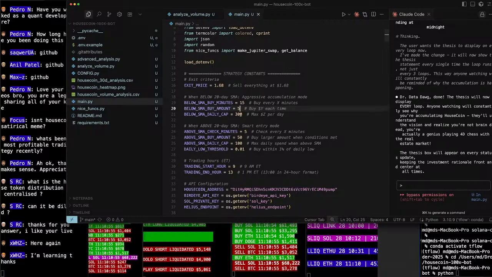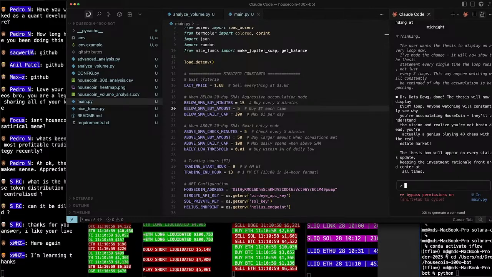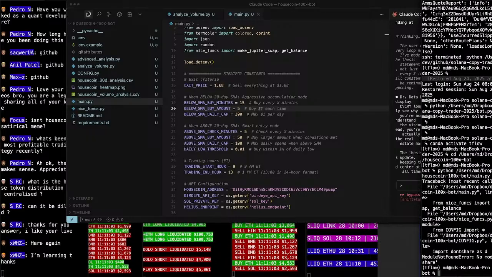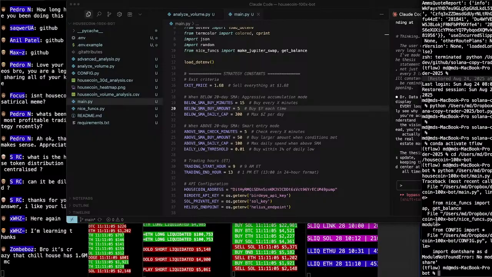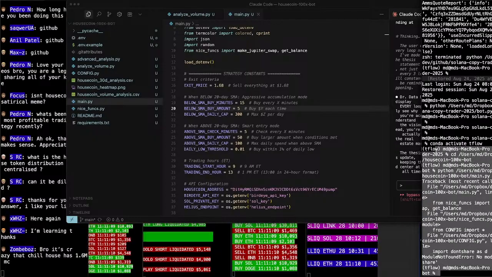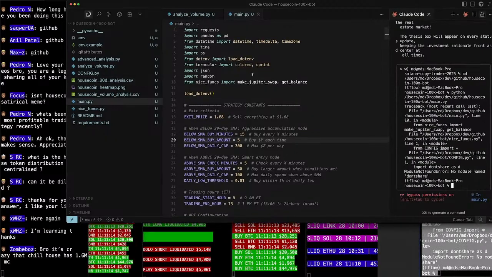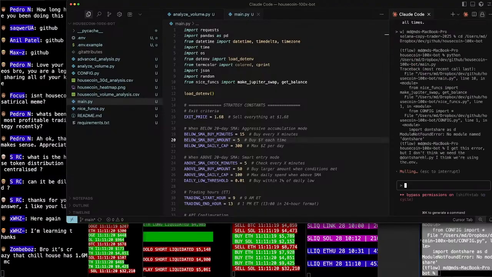Put it at 5. Okay, Python, run it. No module named don't share. I get this error, but I don't think we need the don't share. I think we're using the .env.